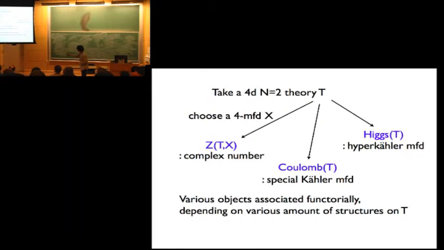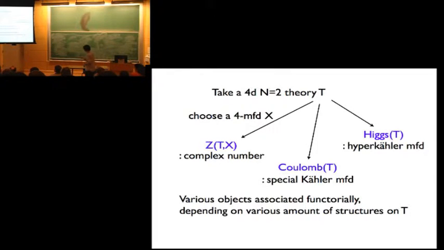This partition function associates to a pair of the theory and the 4-manifold on which the theory is compactified a complex number. You can also consider for this N=2 theory something called the Coulomb branch, which is naturally a special Kähler manifold. You can also extract a nice hyperkähler manifold by taking what is known as the Higgs branch to physicists from this N=2 theory T.